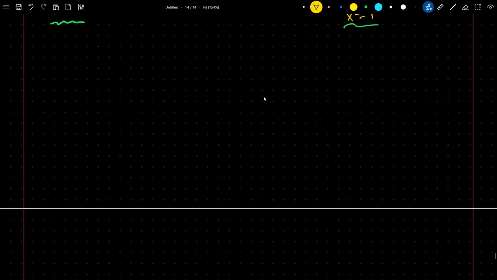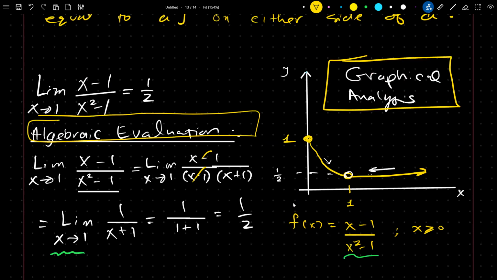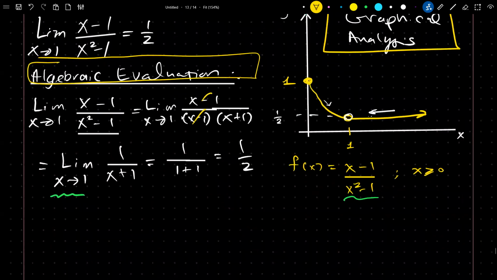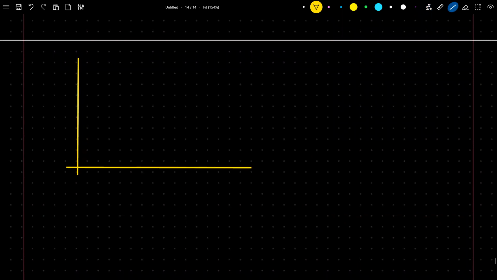So in this case, this function has a limit, and we saw that the limit was equal to 1/2 as x got close to 1. But what if you have a function that looks like this? So let me draw another one then. So suppose I've got this function.